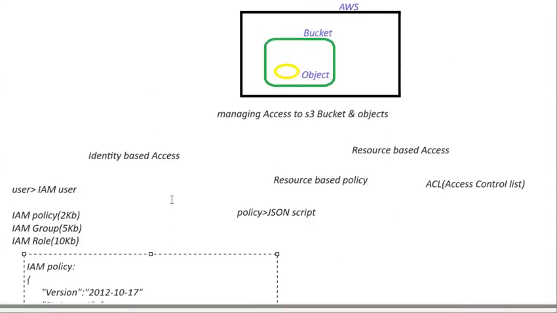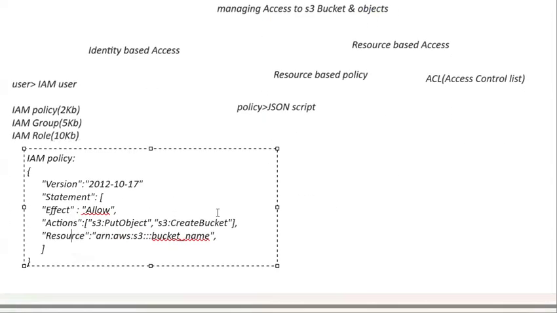You are allowing for this bucket, and this bucket name is bucket name. You need to specify that by using Resource, the ARN, Amazon Resource Name. This is a very important concept. A certification question may come under this ARN as well. What is the full form of ARN? Amazon Resource Name. Okay. In this way, you can write a sample policy.